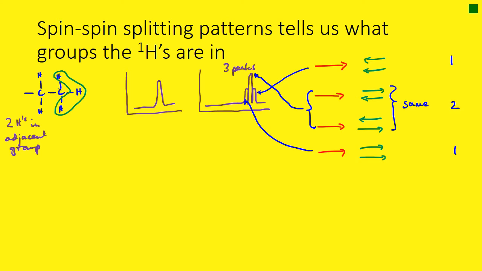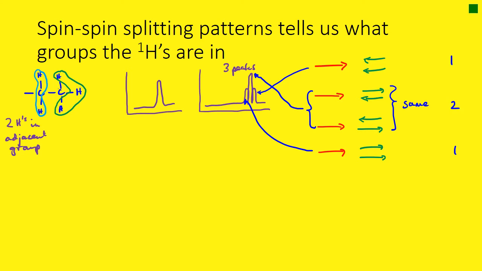And so that's how you get 3 peaks. So that information, the fact that there's 3 mini peaks on the peak for the CH3 group, tells us something about the adjacent hydrogens, being these hydrogens here. It tells us there's a CH2 group next to it.